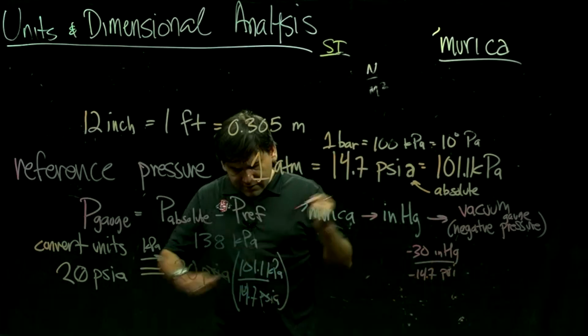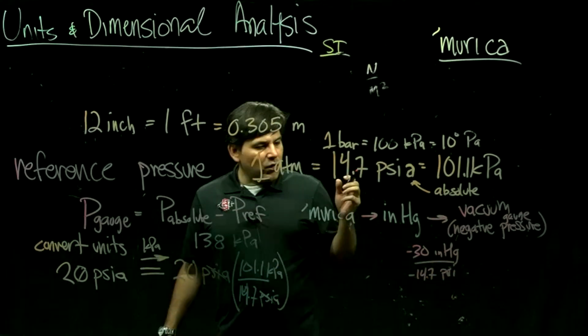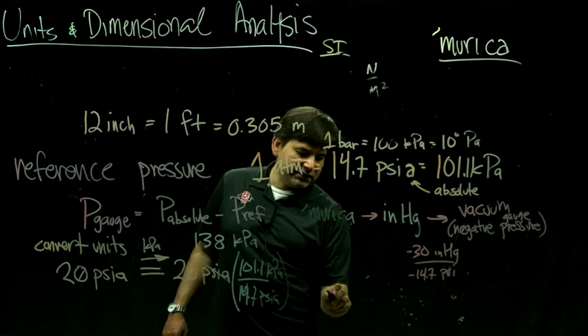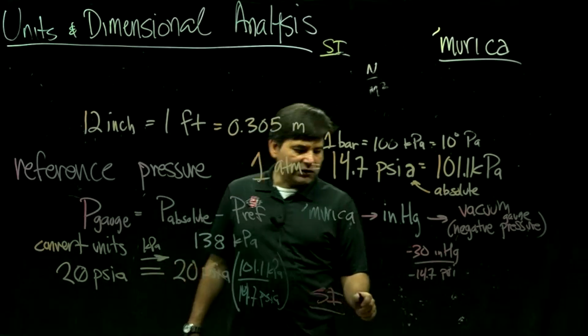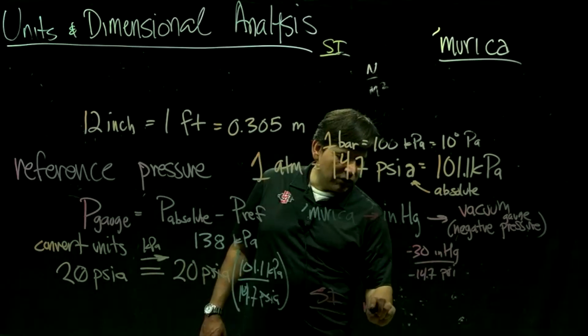Another one is in the SI units, which I like better because it's always going to be absolute. It's called millitorr for vacuum.